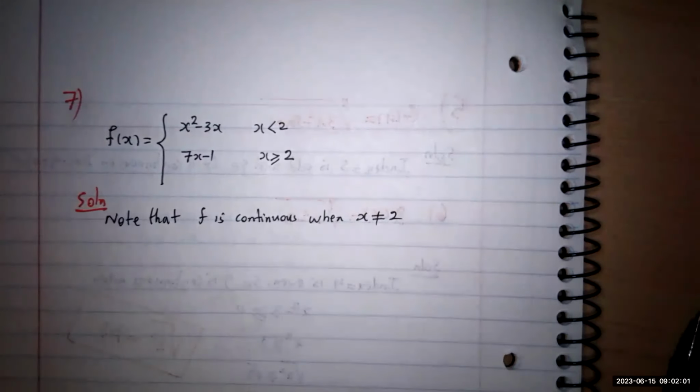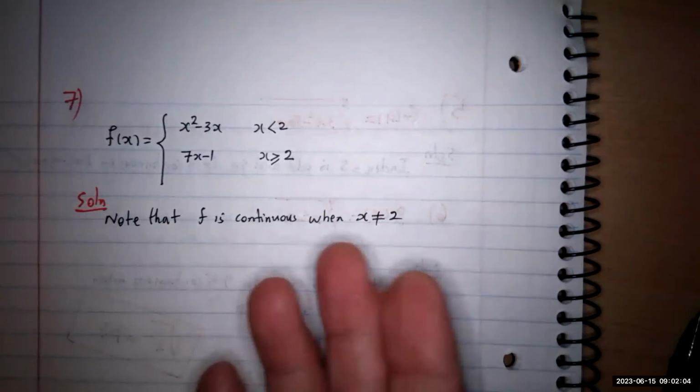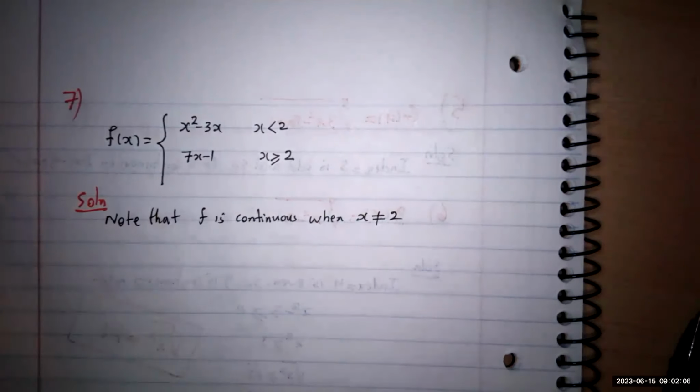When it says not equal to 2, this means if x is less than 2, x squared minus 3x is a nice polynomial, continuous. If x is greater than 2, 7x minus 1. So the difficulty is 2. You see, this graph is 2 pieces, piece 1 and piece 2. By themselves, they are continuous functions.